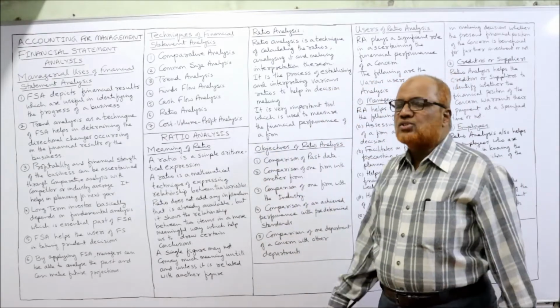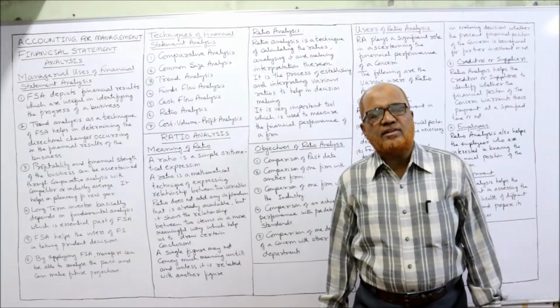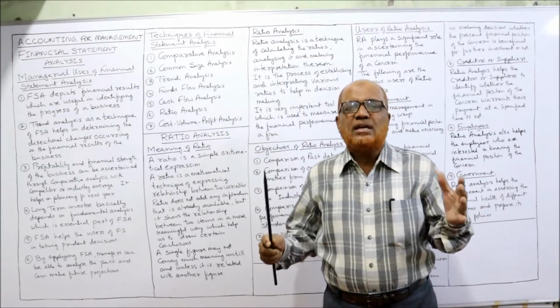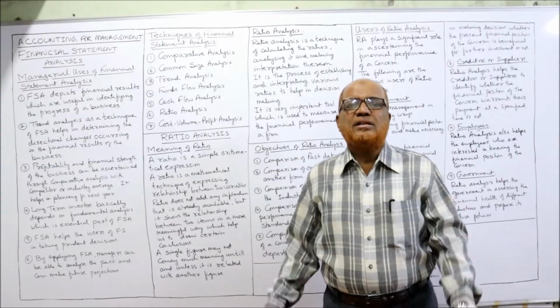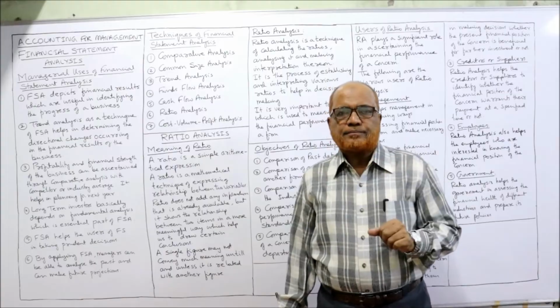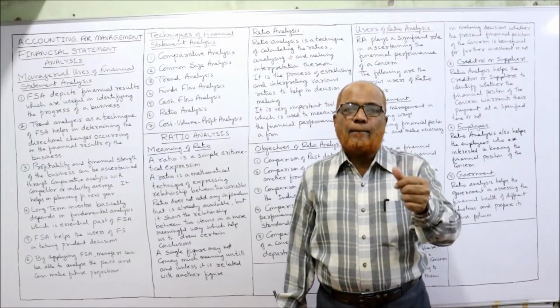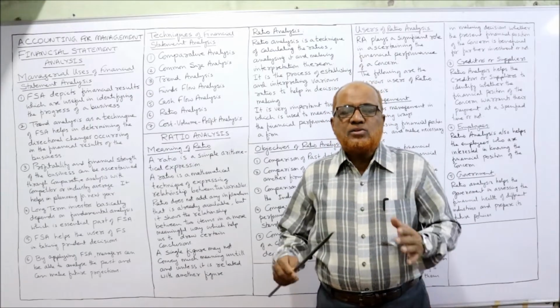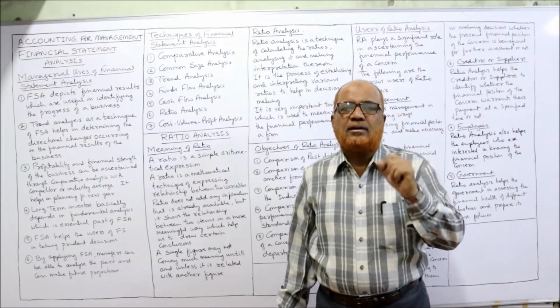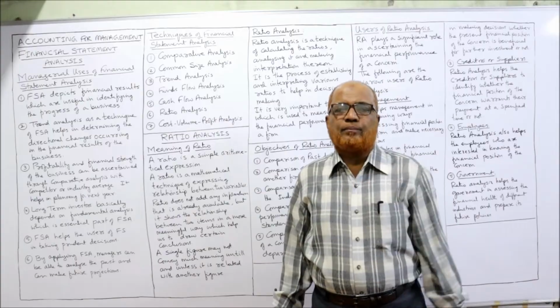Next one is funds flow analysis. This is also one of the techniques of financial statement analysis, where we find out the changes in funds. Funds means working capital. Whether working capital has increased or decreased compared to the last year. That means what are the changes taking place in assets and liabilities over a period of time.